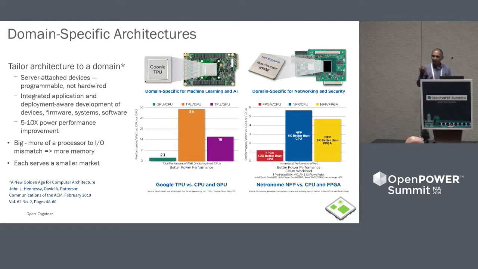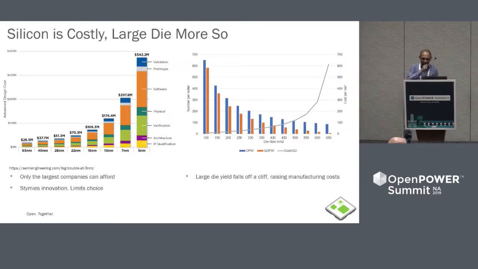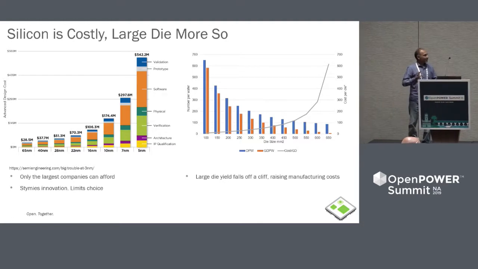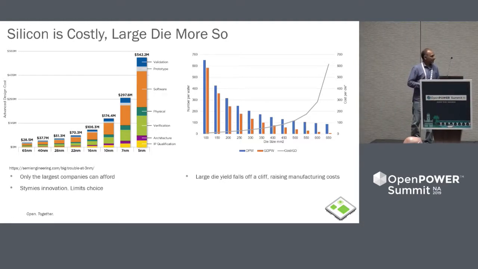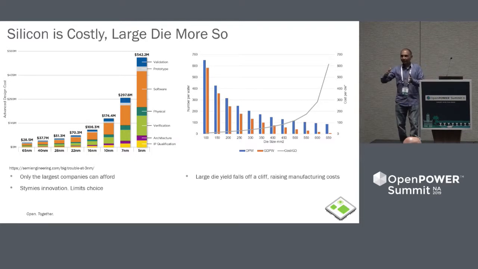The main reason you do a domain-specific architecture is for the power performance improvement. What is interesting about domain-specific architectures is that by definition, they serve a smaller market. And you're going to domain-specific architectures because you face a compute challenge, so you want to be on the best, latest, and greatest process node, except that the cost of developing silicon keeps going up on advanced process nodes.